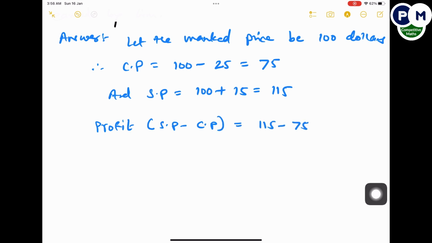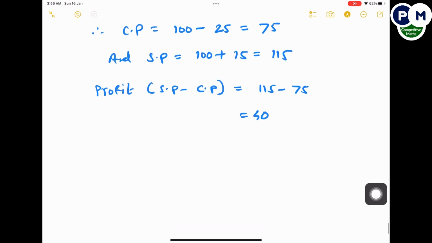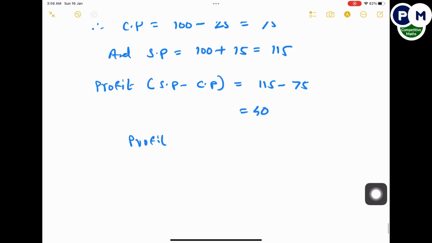Therefore, the cost price equals 100 minus 25, is equal to 75. And selling price equals 100 plus 15, is equal to 115.